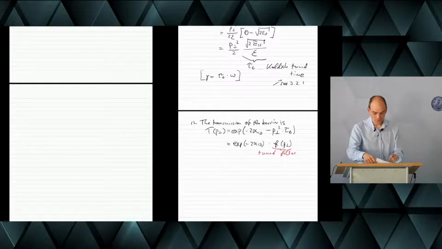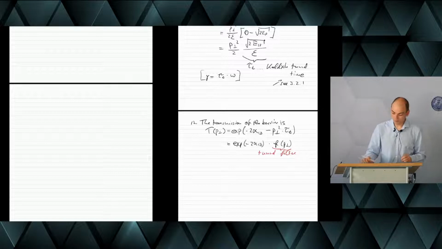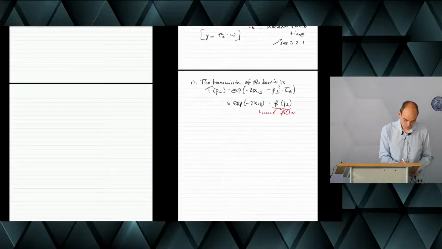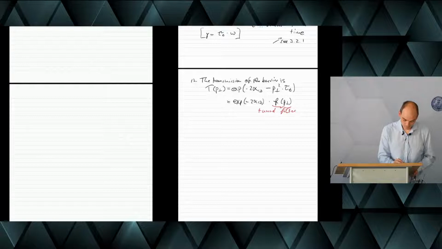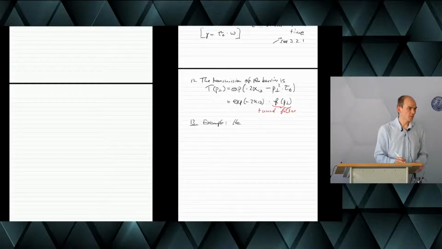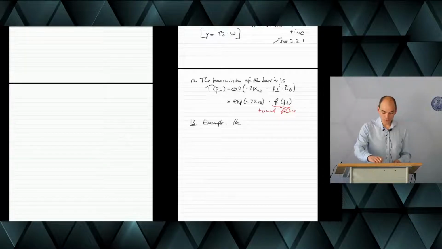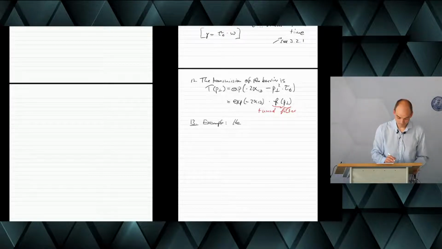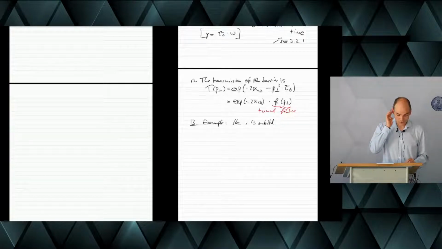So for example, for a helium atom. Helium has the advantage that it also has a 1s orbital, of course, so the spatial wave function and the momentum wave function are essentially the same or very close to those of hydrogen.